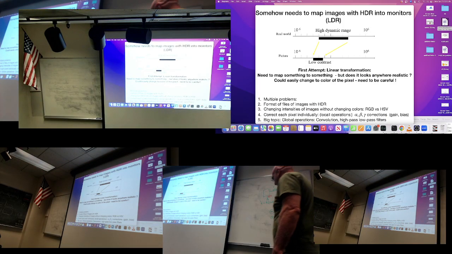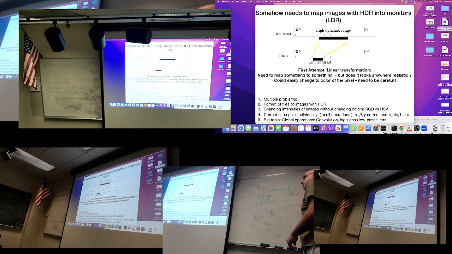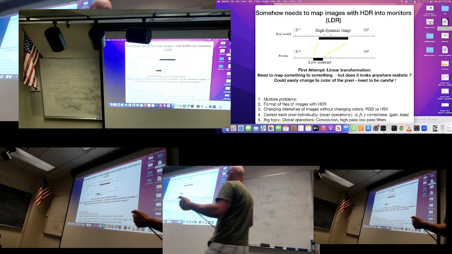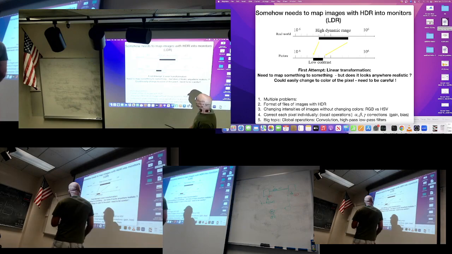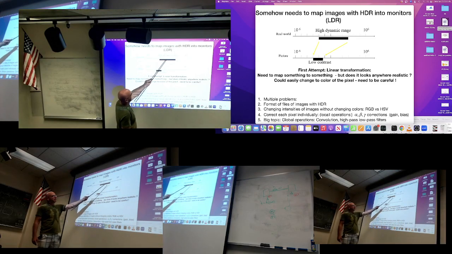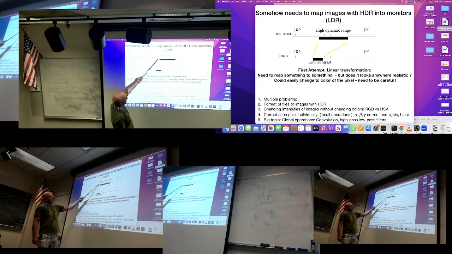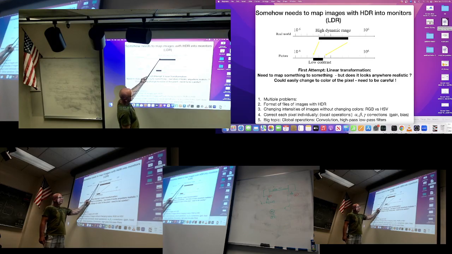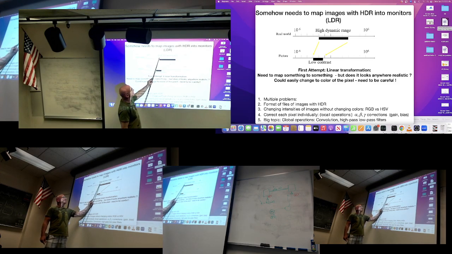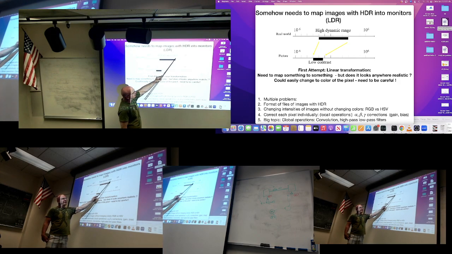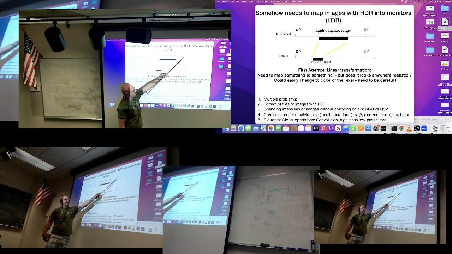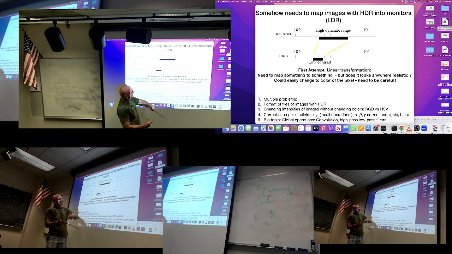Okay, so our big problem of tone correction, tone representation, is that the dynamic range of the world is between the dimmest pixels that we can still notice with our eye or with our camera up to the brightest pixels. In the same image, it could be roughly on the order of 10 to the 6.